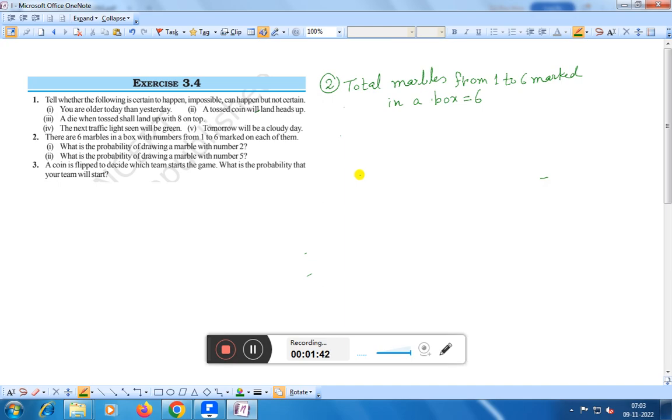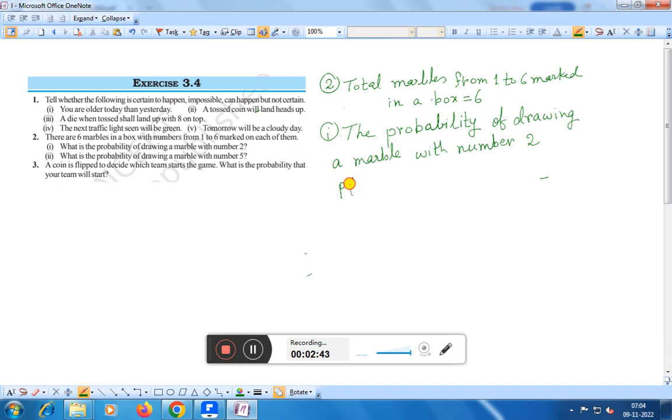Therefore, you can say the probability of drawing a marble with number 2 is P. P means probability, right?